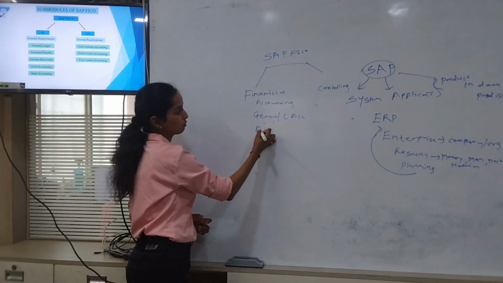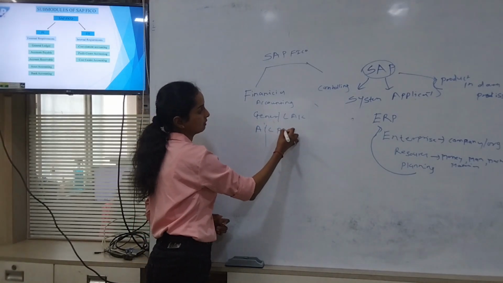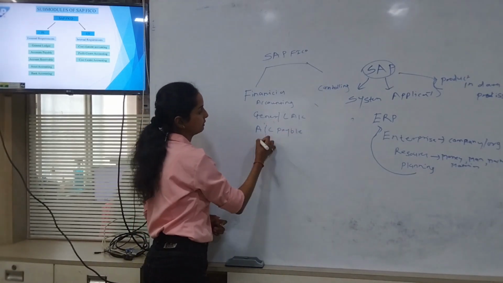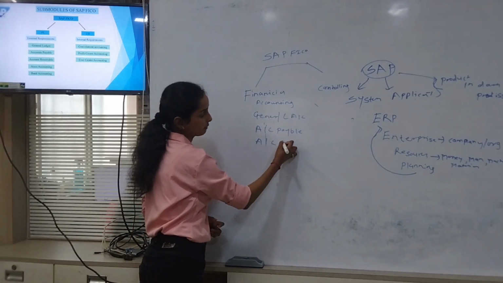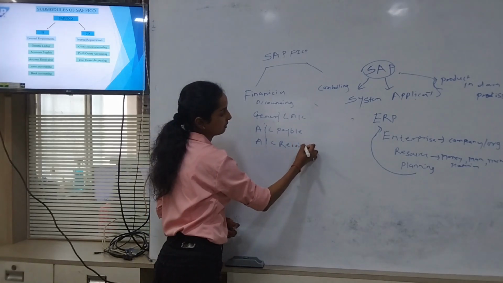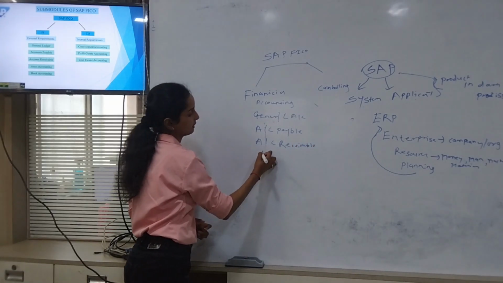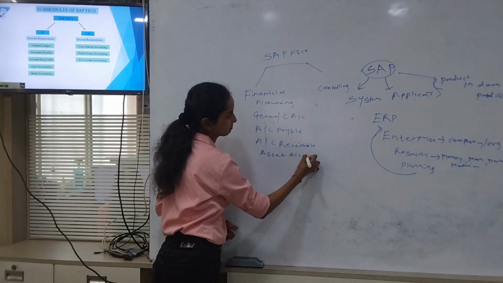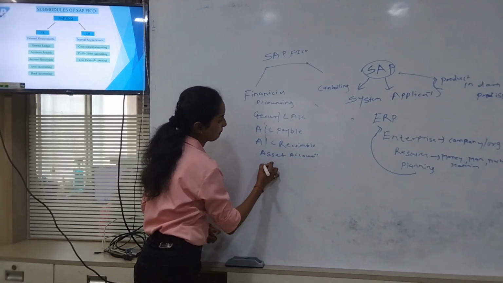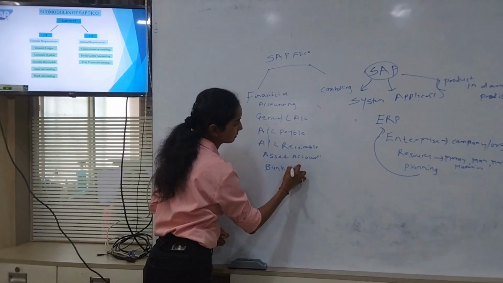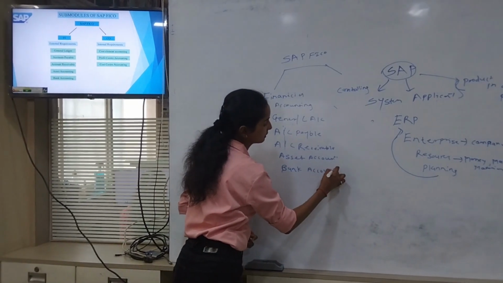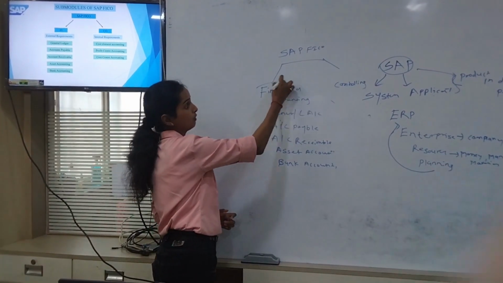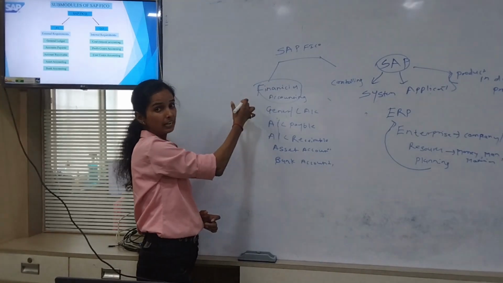Then we have accounts payable, then accounts receivable, then asset accounting, then bank accounting. So these are sub modules of financial accounting, that is our FI.